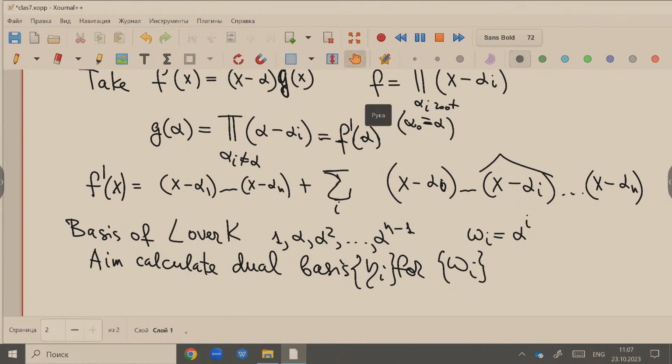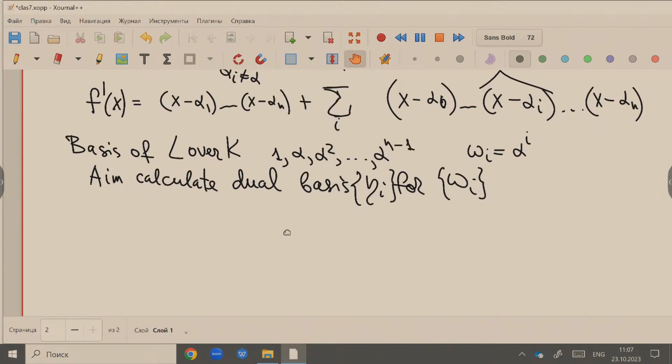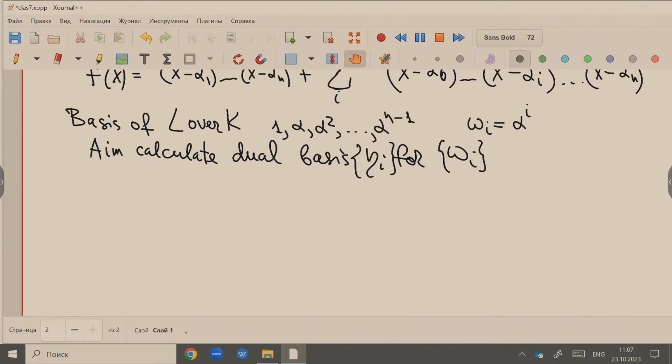And notice, in order to do it, we have to consider the following. What is the trace? How do you calculate the trace of this thing?